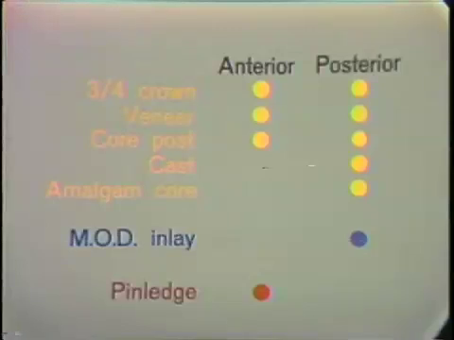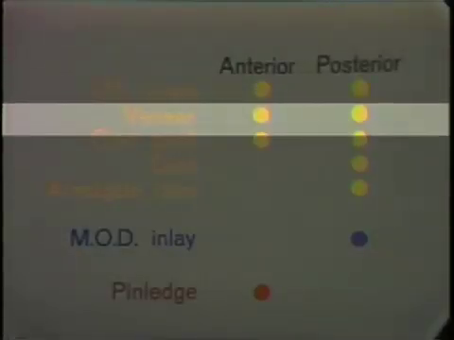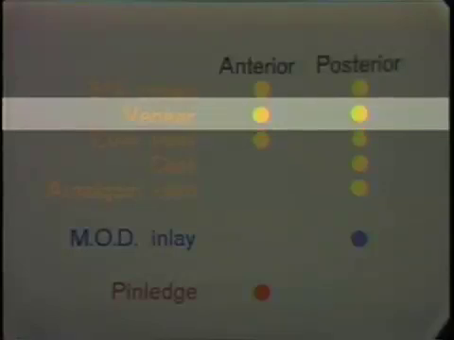Just to summarize the total presentation now, we go back to this diagram which you saw at the beginning. Bridge retainers used: the 3/4 crown, used both anteriorly and posteriorly. The veneer crown, which is used again on both anterior and posterior teeth. This is the crown with the aesthetic facing, used where aesthetics are important.